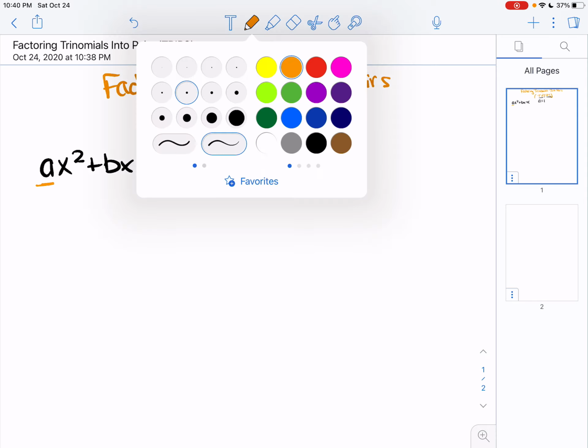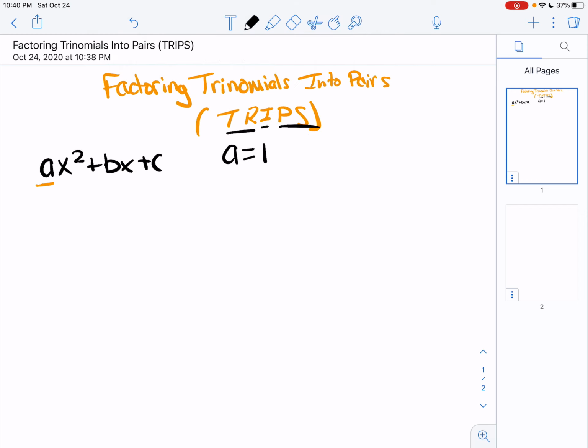Alright, so let's look at a couple of examples. If I have x squared plus 8x plus 7, the way we do this is we need to find two numbers.